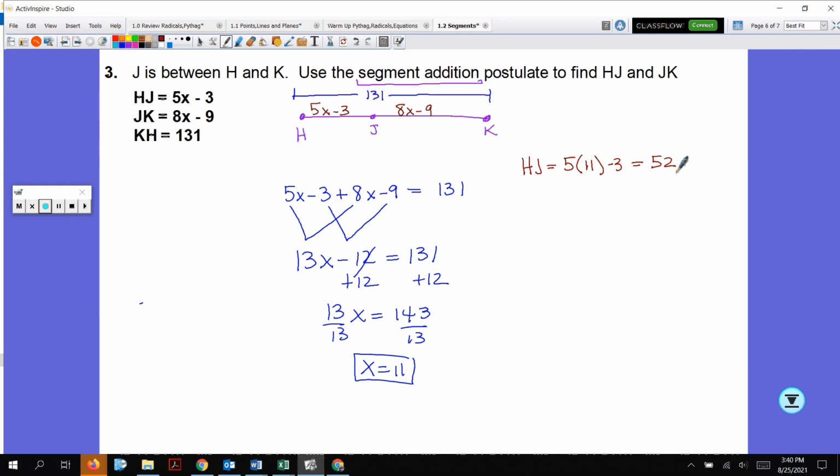Since these numbers are a little bigger, you can totally subtract, right? I know the whole thing is 131. I know that this portion is 52. Well, then I get out my dusty little calculator, and 131 minus 52 is 79. Also, if I want to plug it in, 8 times 11 is 88, minus 9 is 79. I still get there.